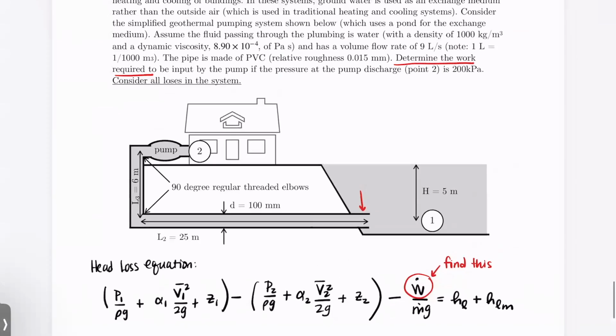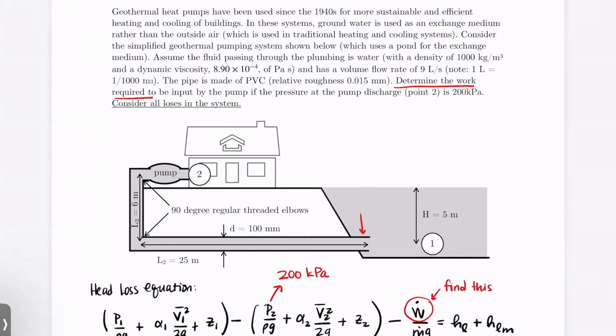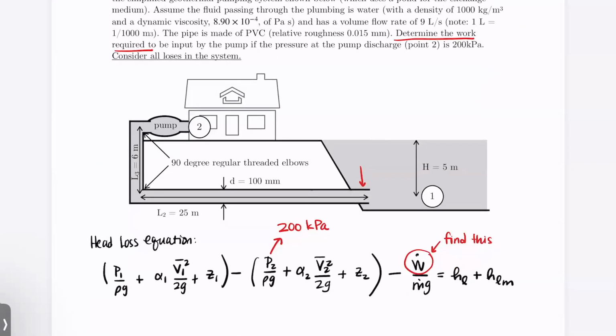And we are given a lot of information in here. So we are given that the pressure at point 2 is 200 kPa. And we need to say something about Z. Where do we want to place our Z equals 0 point?